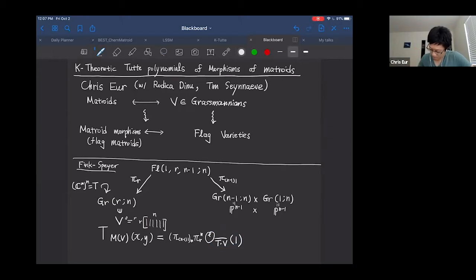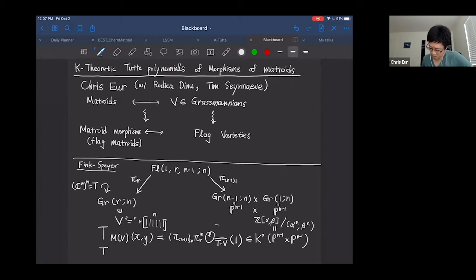And what they showed is that this now resides in the K-ring of P^{n-1} cross P^{n-1}. This is known to be isomorphic to a ring with two variables, alpha and beta, modulo each variable to the power of n.